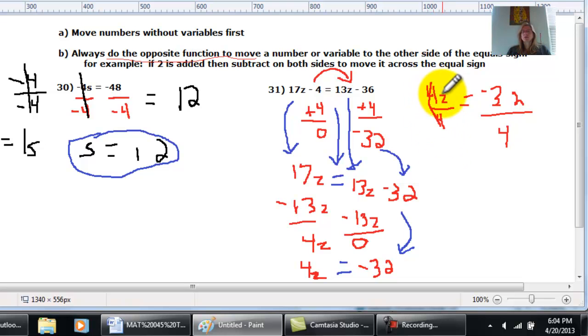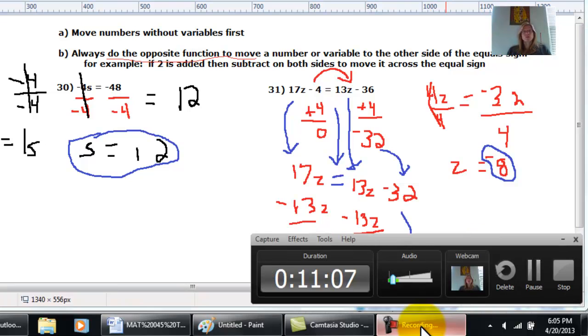Then you have 1 times z, so you just end up with z equal 4 into 32 is 8. You have a positive number on the bottom and a negative on top, and so when you're dividing a positive and a negative, you get a negative. So then your answer, let's make that a little more clear, z equals negative 8 for number 31. Those are those 3 problems.